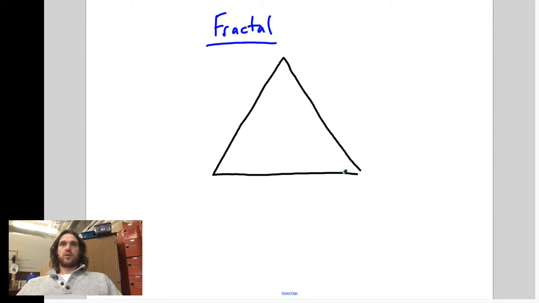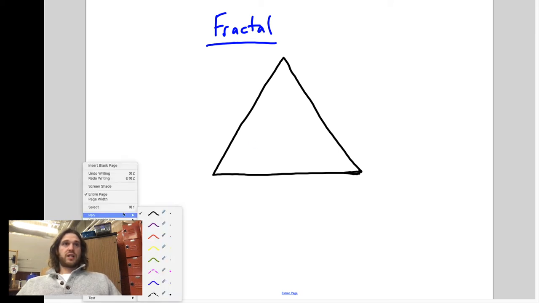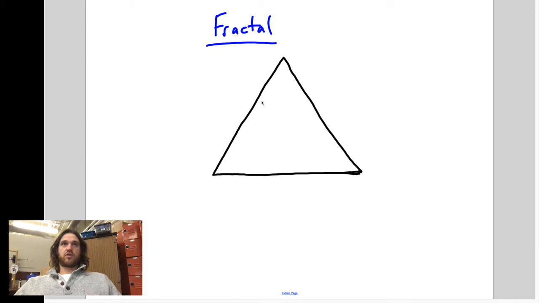All right, so the rule for drawing Sierpinski's triangle is you start with an upward pointing triangle. Then you take the space that's in the triangle and you draw a large downward pointing triangle.